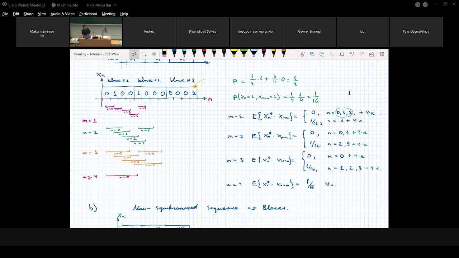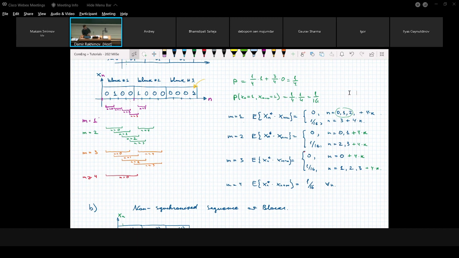And what will be the second moment? Imagine you have this sequence, 1 by 4. You know that each block is independent, and you need to calculate the square value of this sequence.